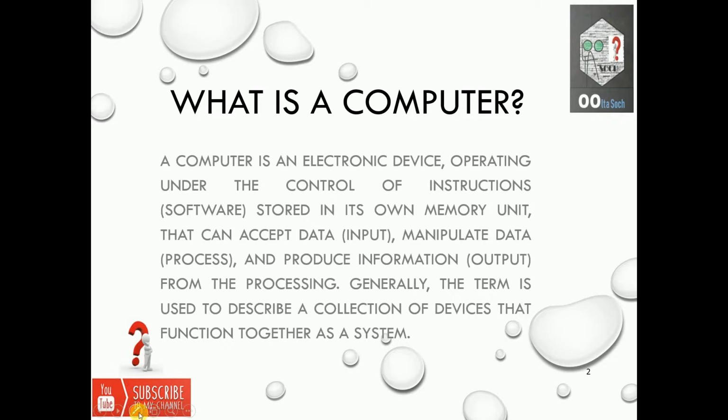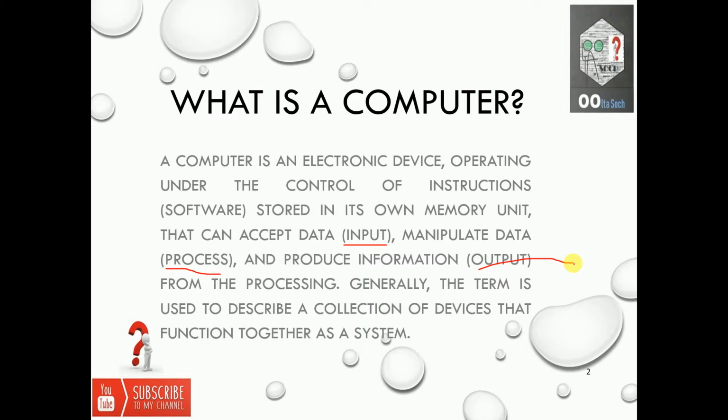So basically, two to three things which we need to know. See, computer, one is input, one is process, and one is output. So basically, the entire process we need to learn. See, computer, it is an electronic device.